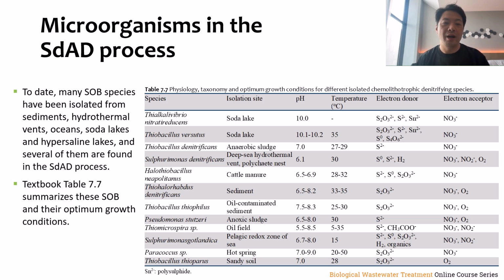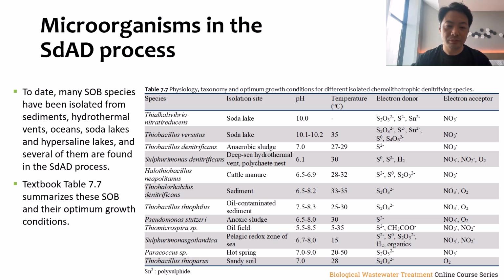For instance, Thiomicrospira thrives in a pH range of 5.5 to 8.5, while Thiobacillus denitrificans prefers neutral pH conditions. Some SOB are acidophiles, flourishing at a pH level below 5.0, whereas others like Thioalkalivibrio nitratireducens and Thiobacillus versutus only grow in alkaline conditions.